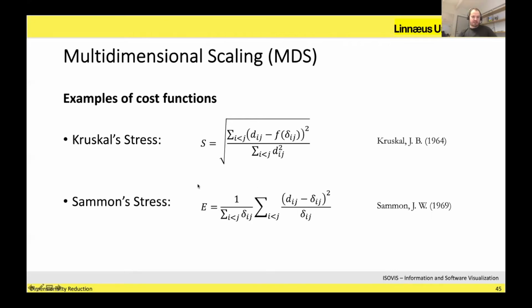And then there's Sammon stress, which came about 5 years later to deal with a little bit of a problem. Sammon realized that you cannot have a good representation of the data if you are trying to optimize for all pairwise distances, disregarding everything.